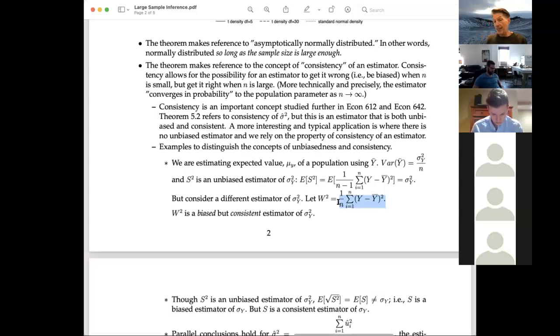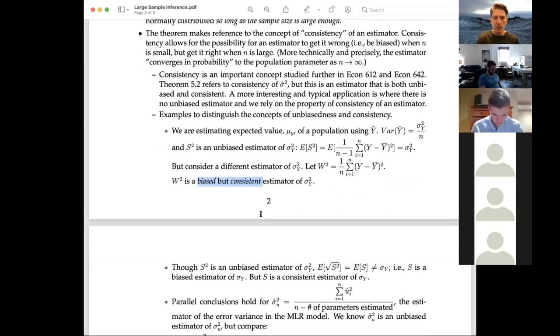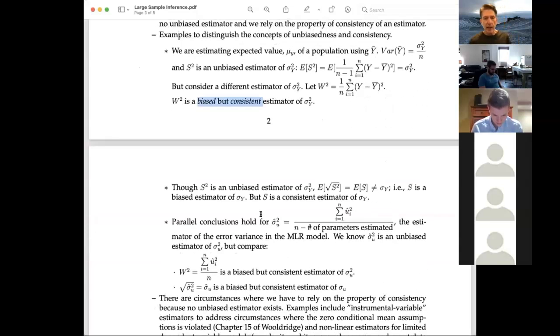And so that's an example of something that is a biased but consistent estimator. I'm going to give you some other examples. Here's kind of a weird idea. It's one of those things in statistics that's a little bit puzzling, but if you think about it, you can see why that should work.